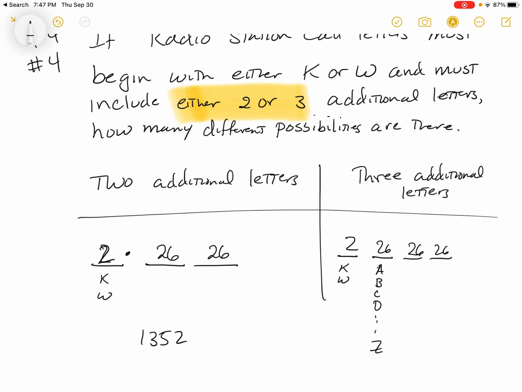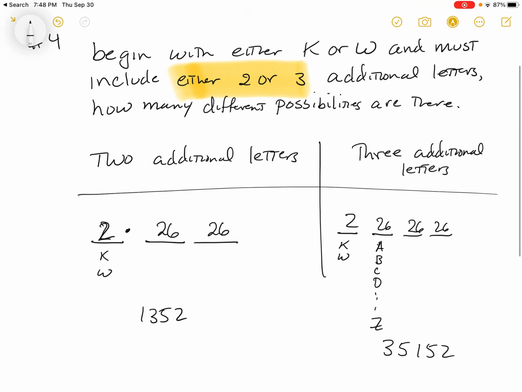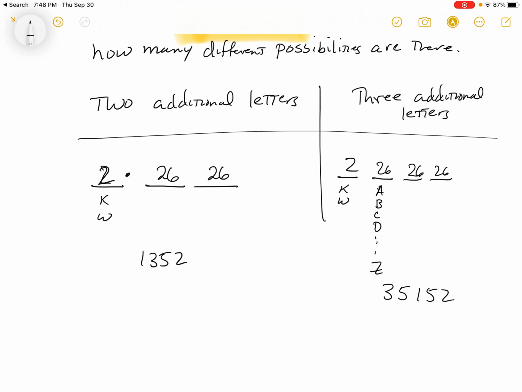So now we have 2 times 26 times 26 times 26, and we get 35,152.